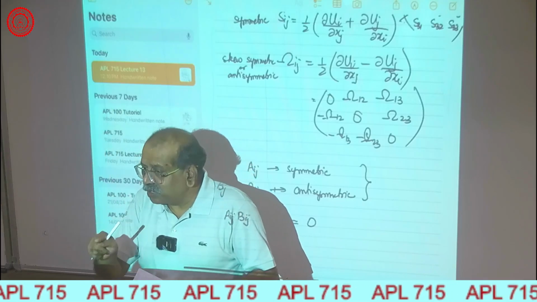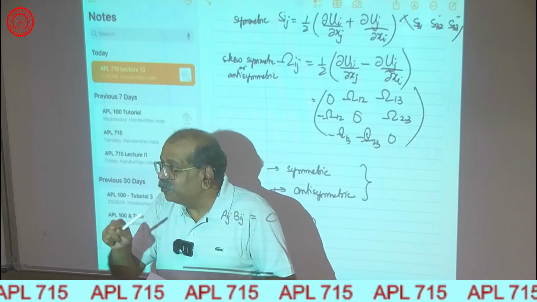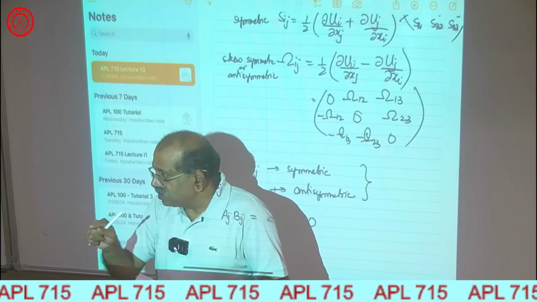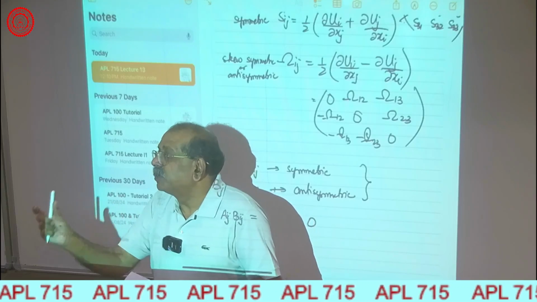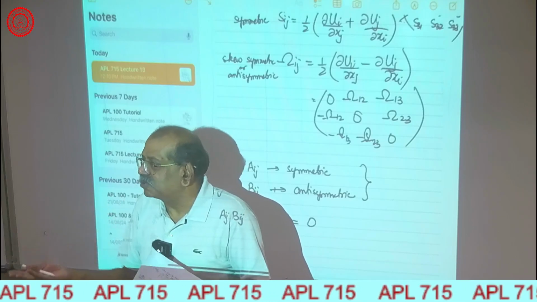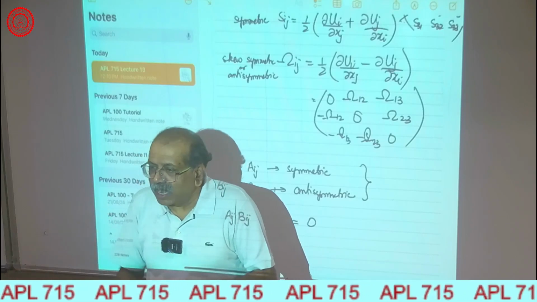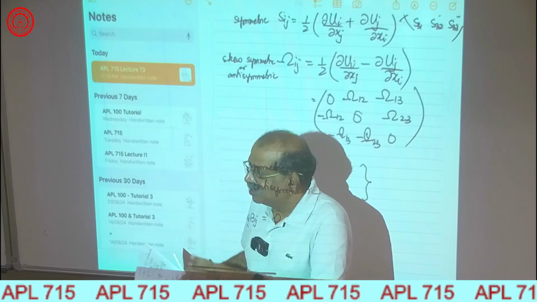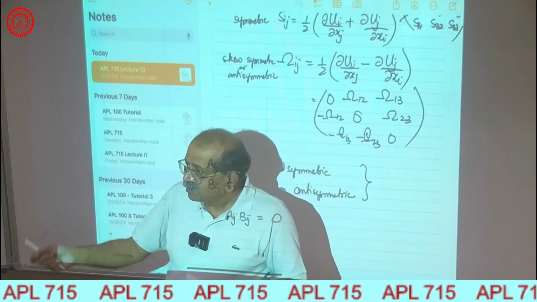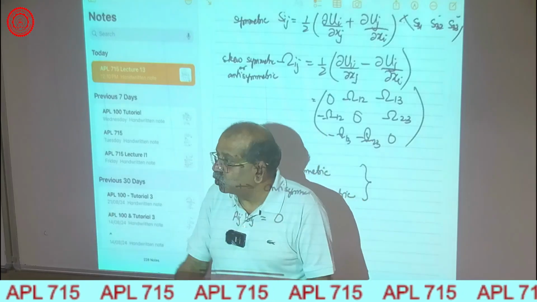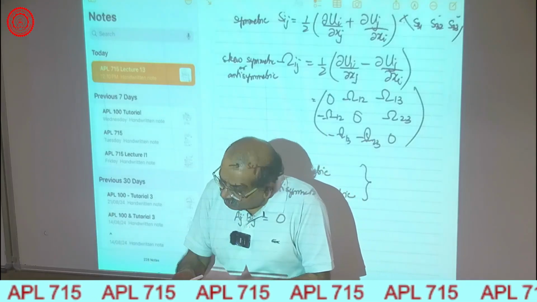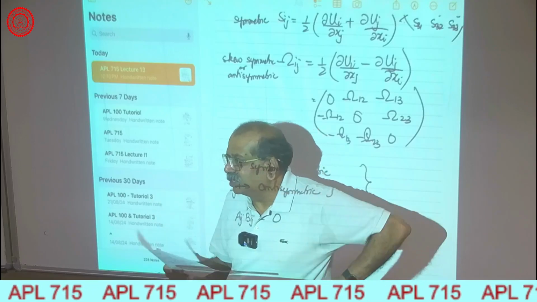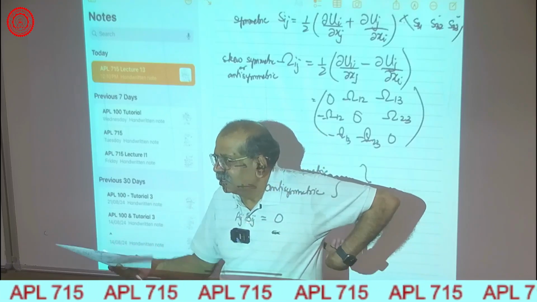So we'll be left with average of u_i prime times average of u_j prime u_k prime, but average of u_i prime by itself is 0. So you will have to use these two tricks: pull the mean out, and if there is a product, then you have to take its average. And the continuity equation may have to be used more than once. Yeah.